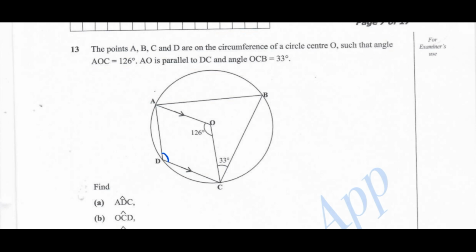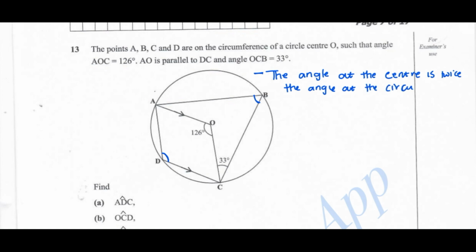So we can first find the angle ABC, because for angle ABC the property is the angle at the center is twice the angle at the circumference.